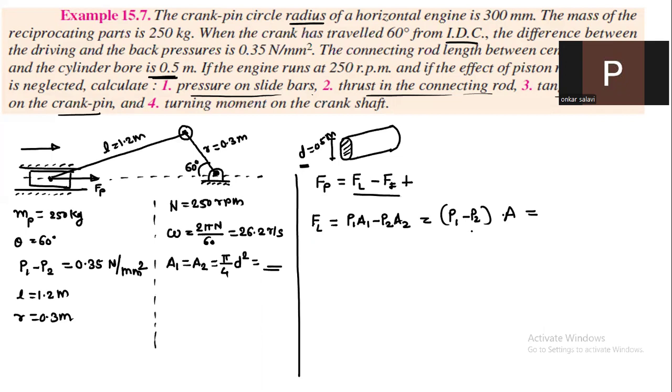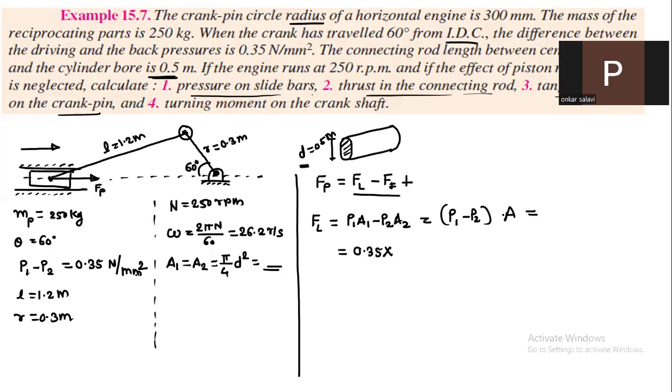This P1 minus P2 is given. It is 0.35 Newton per mm square. As it is Newton per mm square, you have to convert that mm square into meter square.